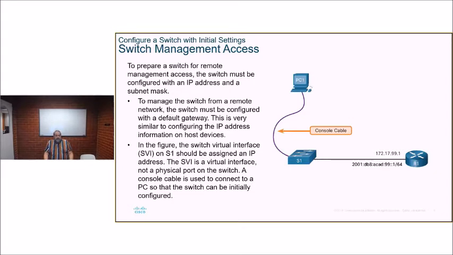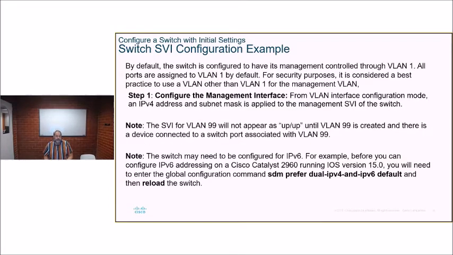In the figure, the switch virtual interface on S1 should be assigned an IP address. And so you do that, you don't do physical ports. And of course, the console cable is used to connect to the PC so that the switch can be initially configured. So it's basically out of band using the console cable or in band using a network connection.